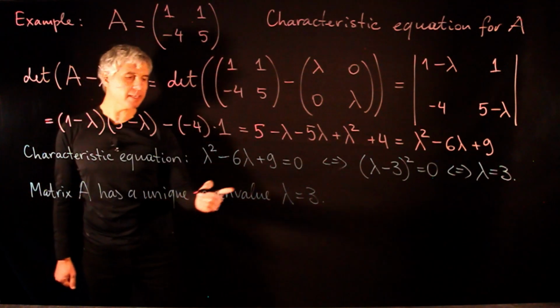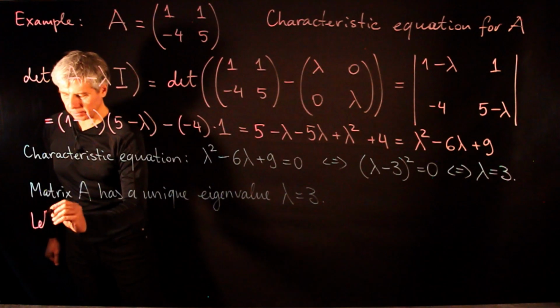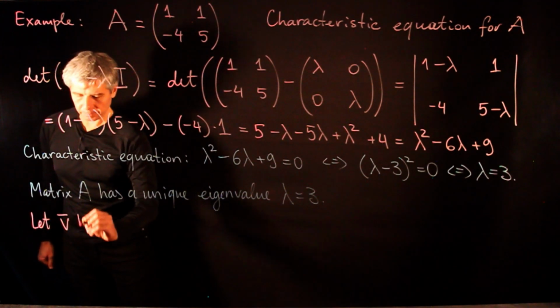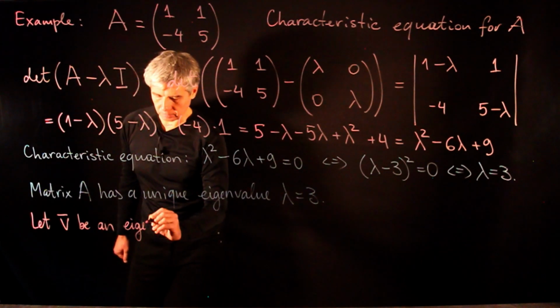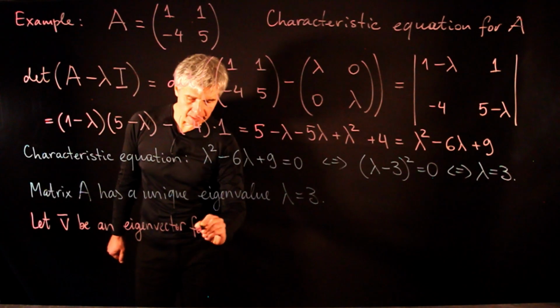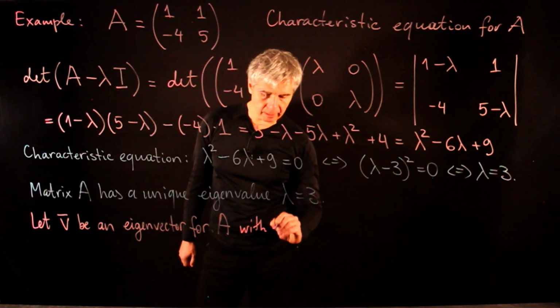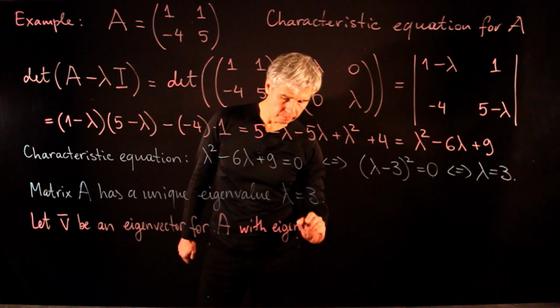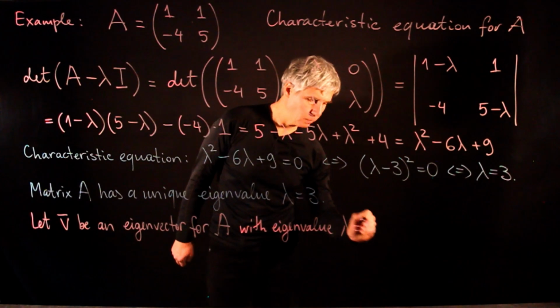Let us find the eigenvectors corresponding to this eigenvalue. So let V be an eigenvector for A with eigenvalue lambda equals 3. So what does it mean?